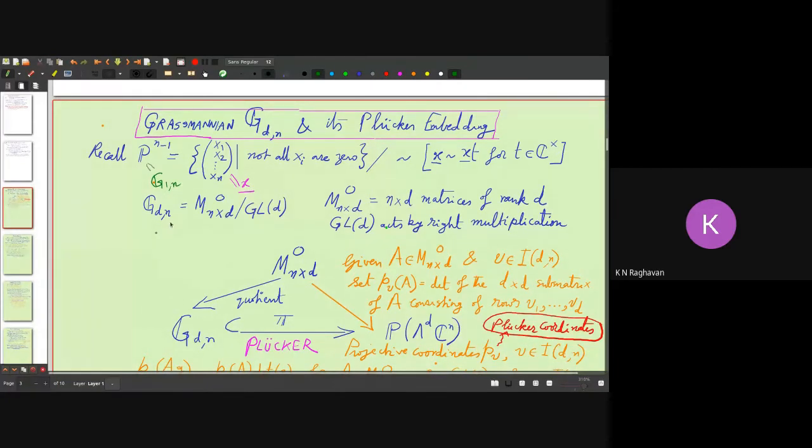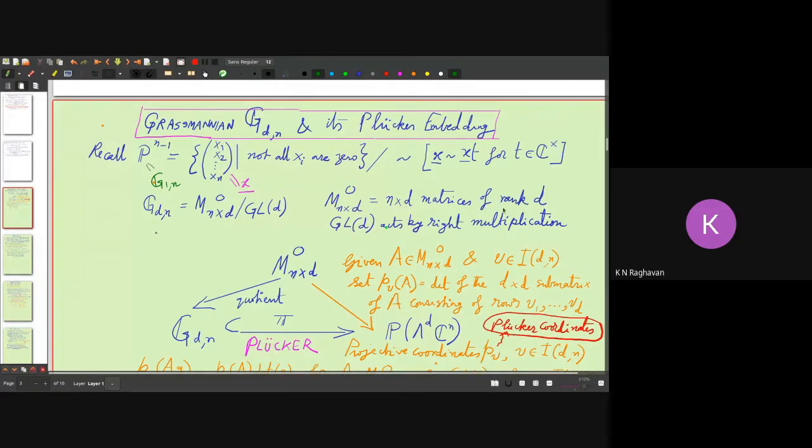Okay, so how can I think of G_{D,N} in a similar fashion? The way to look at this column, or not all the xi being zero, is that it is one column of full rank. So I denote by M_{n×D} all n cross D matrices over complex numbers, and the zero indicates that the matrices have full rank.